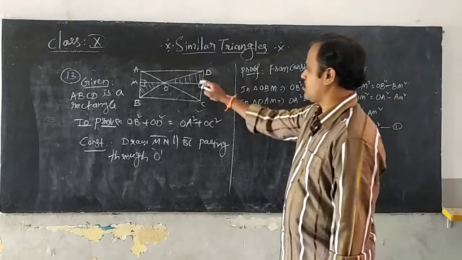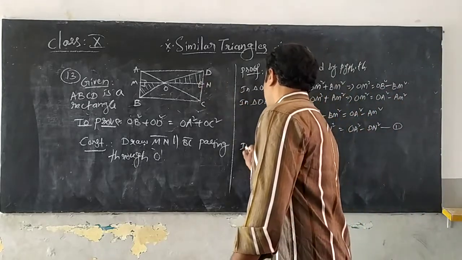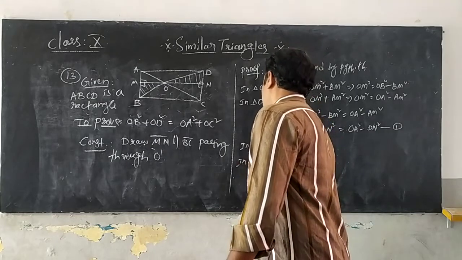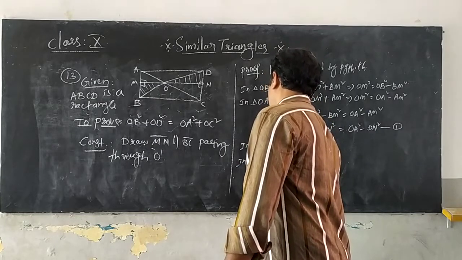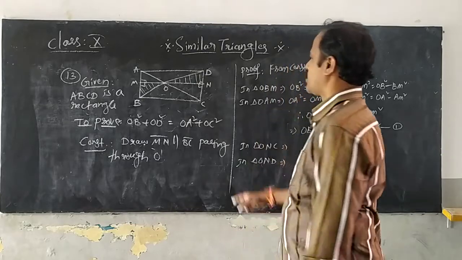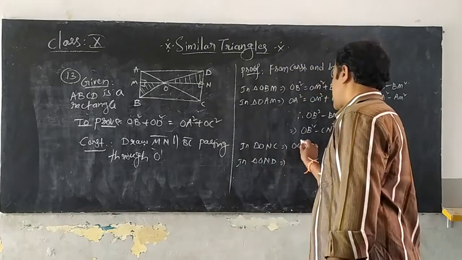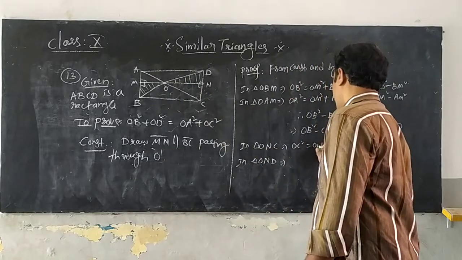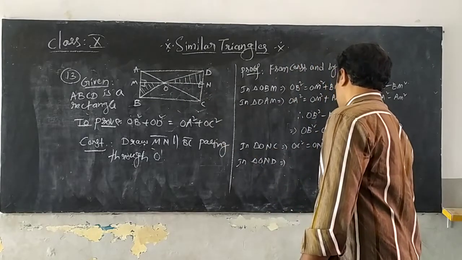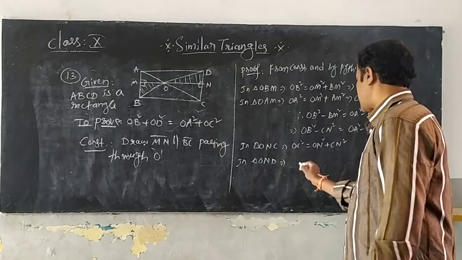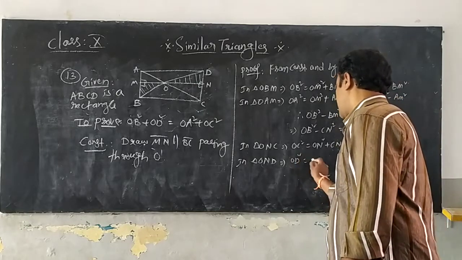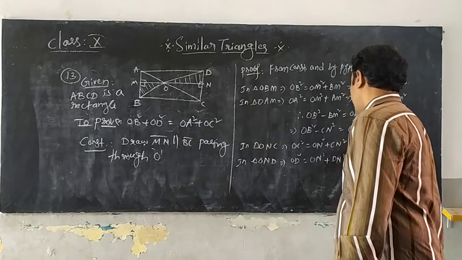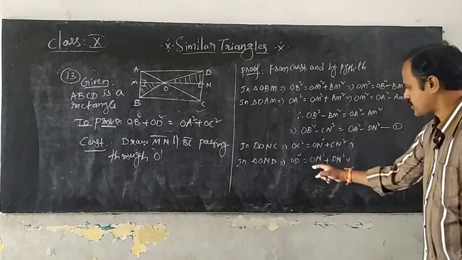Now I go to these two triangles, triangle ONC and triangle OND. I apply the Pythagoras theorem here. OC square is equal to ON square plus CN square. And similarly OD square is equal to ON square plus DN square. Now ON is common.